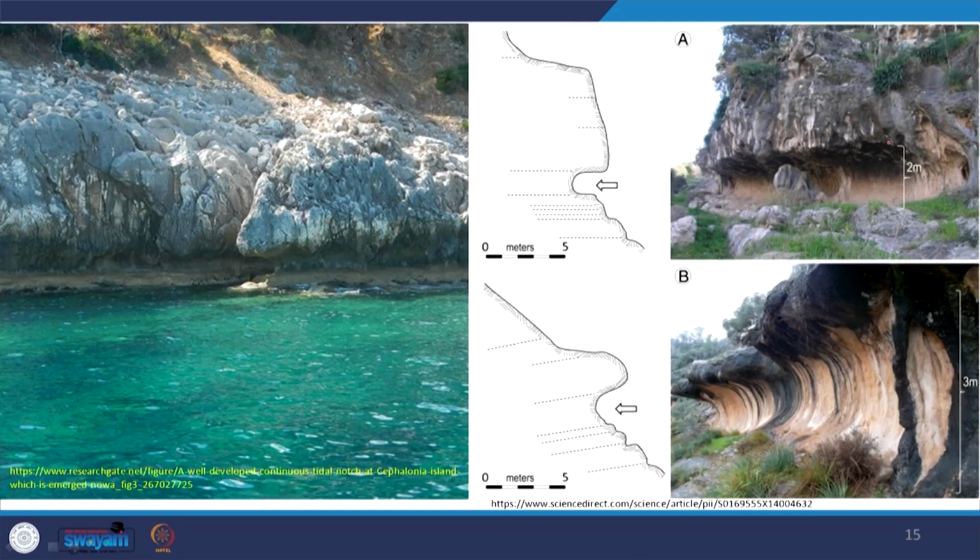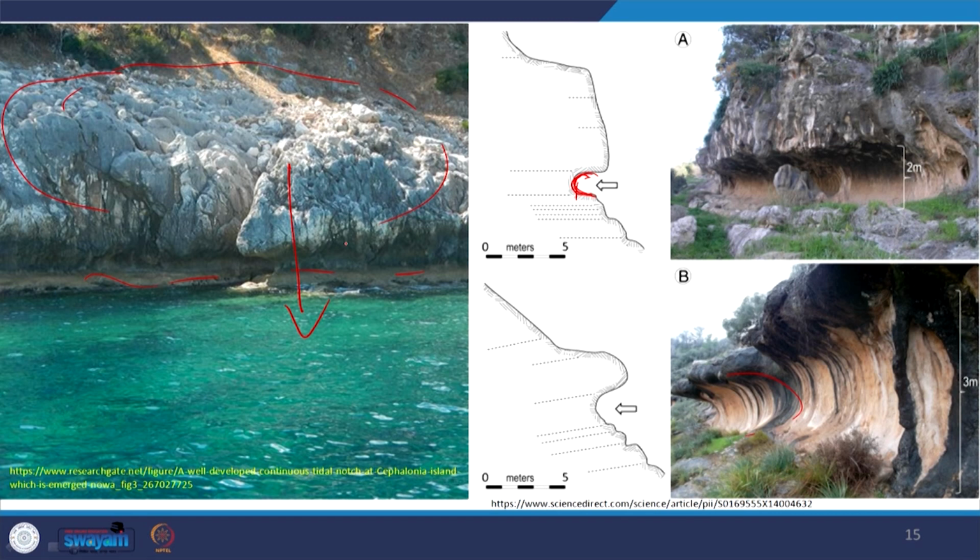In some of these photographs, if you see, these are chemical notches formed by reaction with the water. The upper rocks become unstable and finally fall down into the system, and then slope degradation or slope retreat occurs.